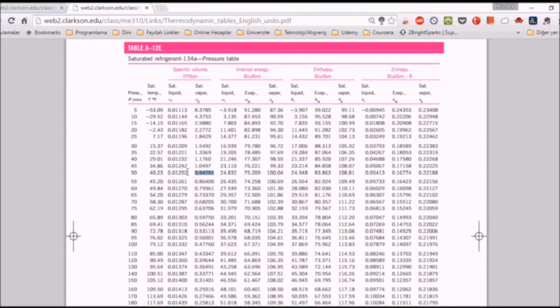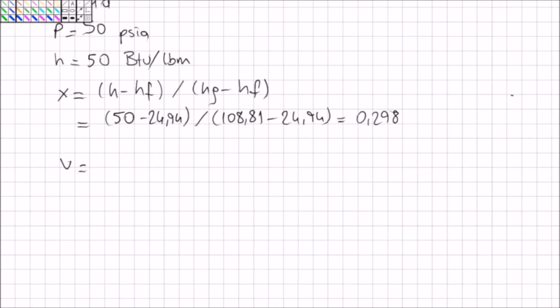Saturated fluid and saturated gas values are like this, and we calculate the specific volume value according to this equation.